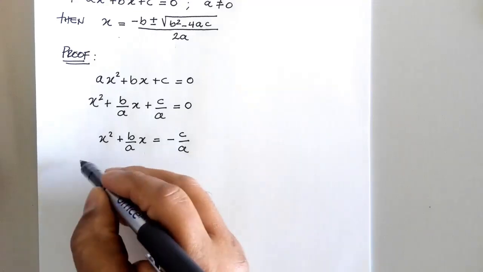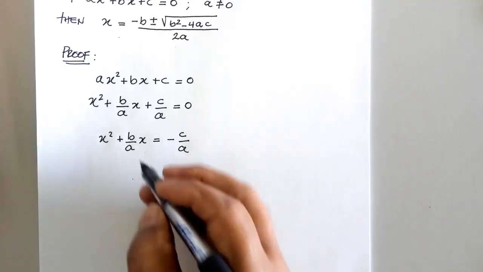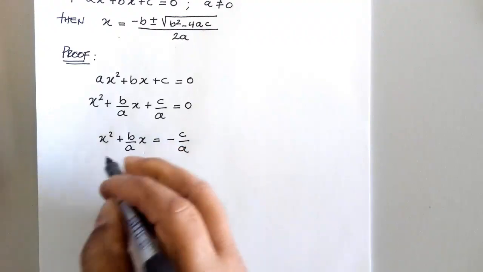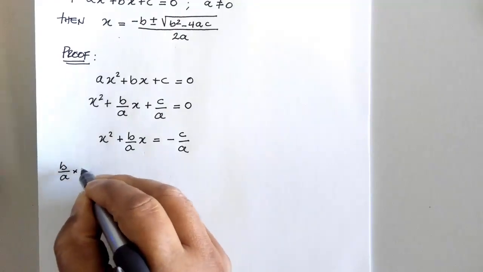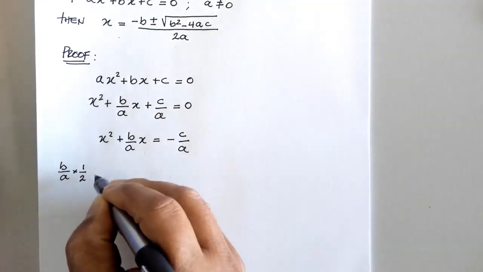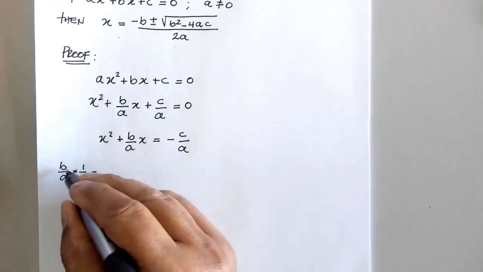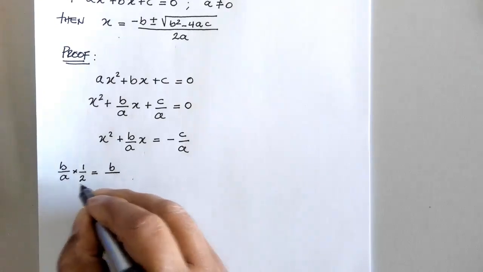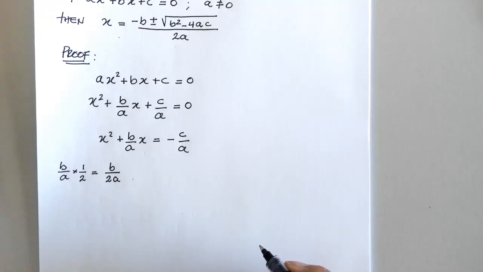I'm going to put the step in here so we can see what is going on. When you multiply this by a half, you have b times 1 is just b, and a times 2 is just 2a. So that is divide by 2.